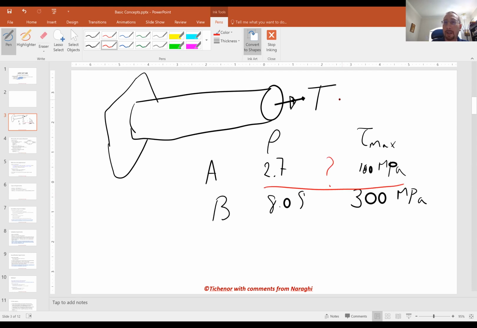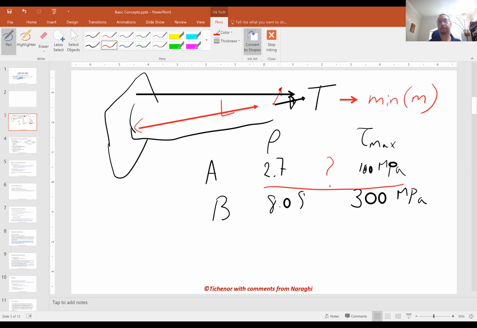Let's say our design criteria is to minimize the mass of this guy, and let's say the length of this guy is L, the radius of this guy is R.